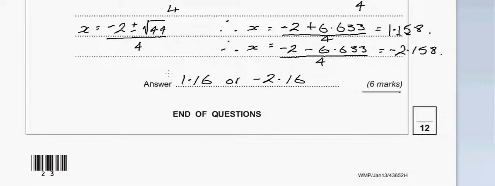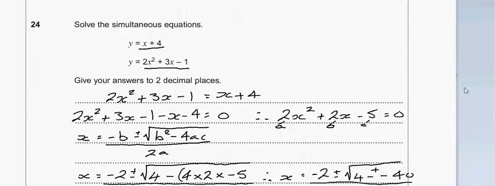But these are the x values. x equals this and x equals this. So now we have to have what y equals and what y equals. So I now go back to this equation here, because it's the easiest equation to put a value in.